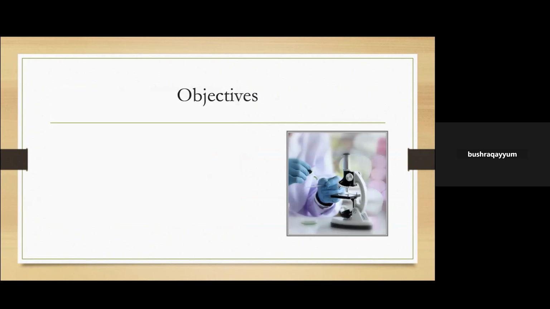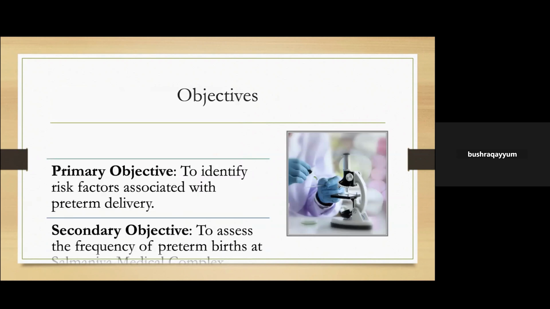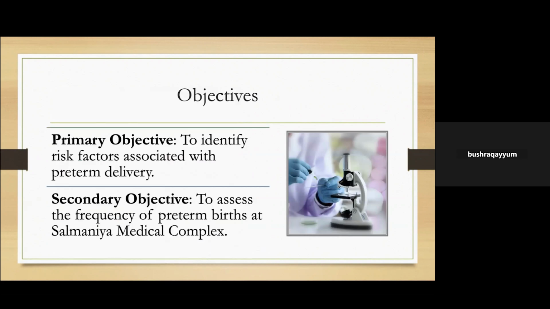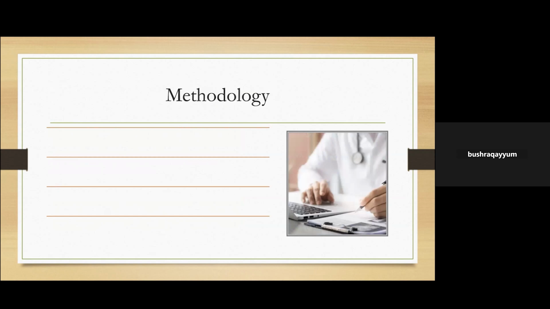The objective of this cross-sectional study, which was carried out in the Kingdom of Bahrain from January 2019 to June 2019, was to identify the risk factors associated with preterm delivery. The secondary objective was to assess the frequency of preterm birth at Salmaniya Medical Complex. The methodology used was a cross-sectional study.